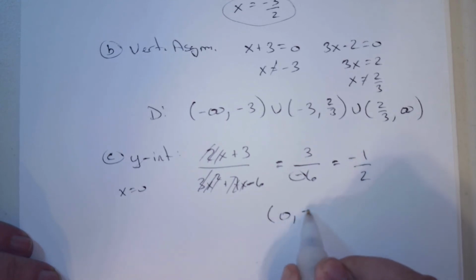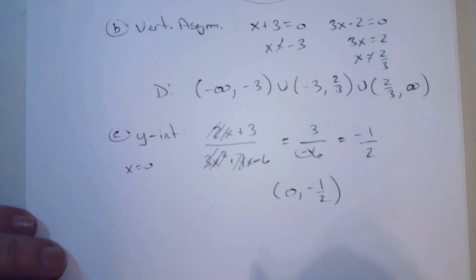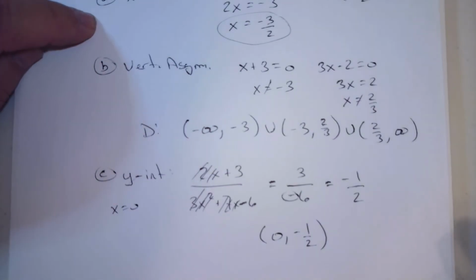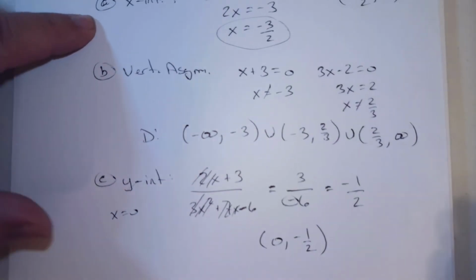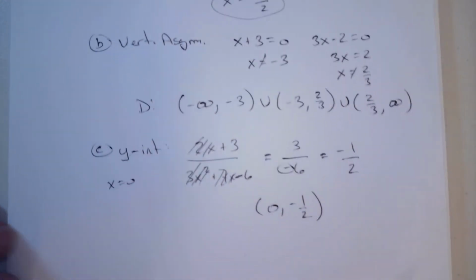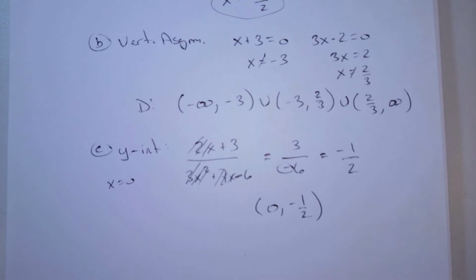So the y-intercept is at negative 1/2. So we have the zeros, the x-intercepts, and the y-intercept. Let's see what else we need. Okay, the horizontal asymptote.